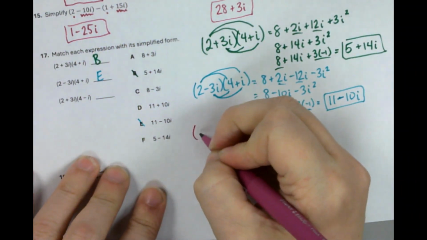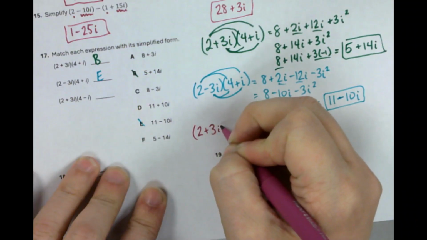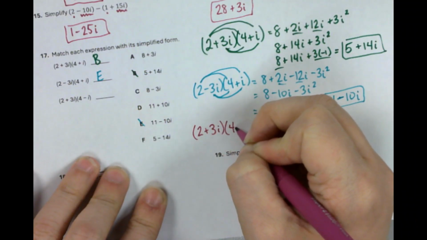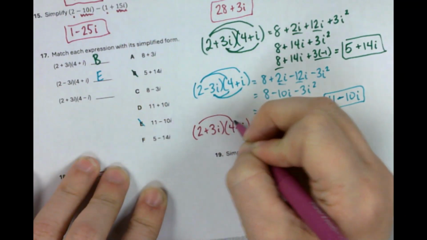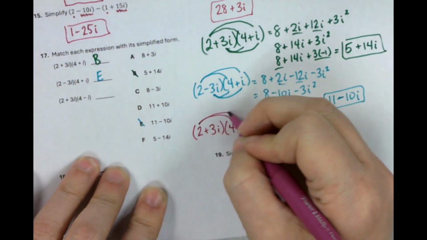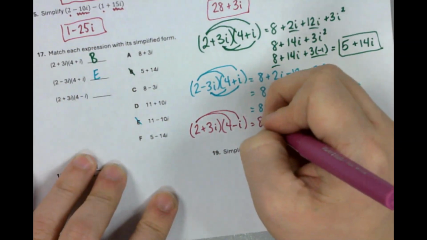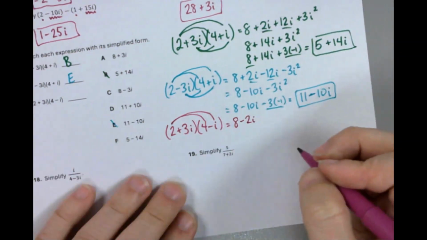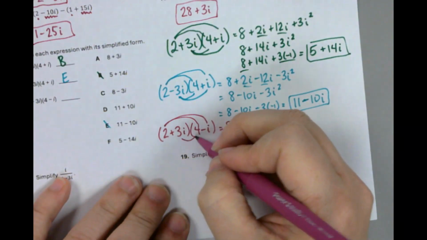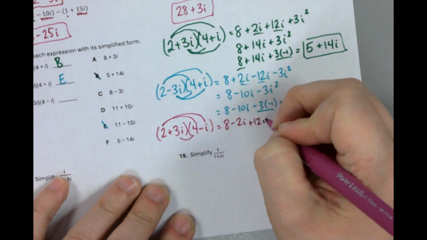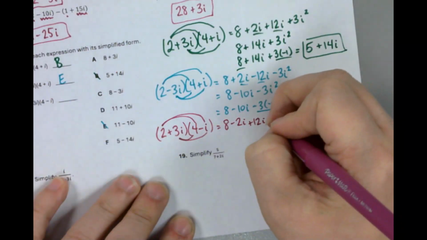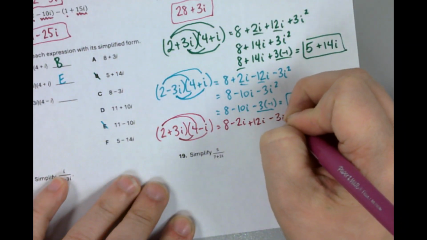Finally, we have 2 plus 3i times 4 minus i. 2 times 4 is 8. 2 times negative i is negative 2i. 3i times 4 is positive 12i. 3i times negative i is negative 3i squared.